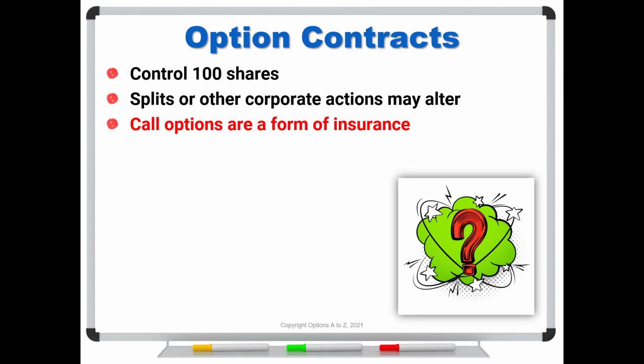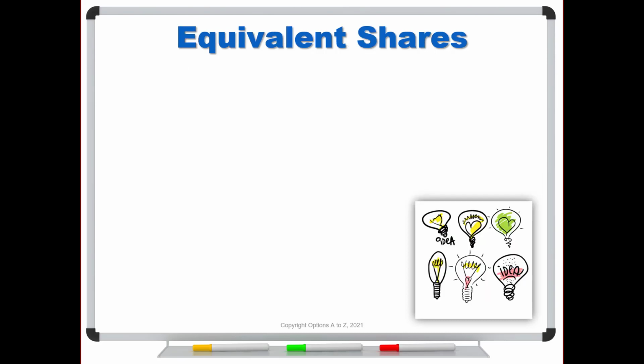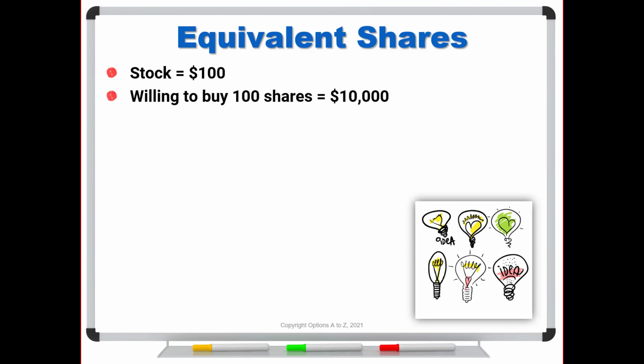So the basic rule when you are trying to figure out how many contracts to trade is to trade in equivalent shares. And so for instance, let's say that our stock is trading at 100 and you're willing to buy 100 shares or $10,000 worth of stock. Now at that same time, there is an at-the-money $100 call trading for 5 or 500 bucks.